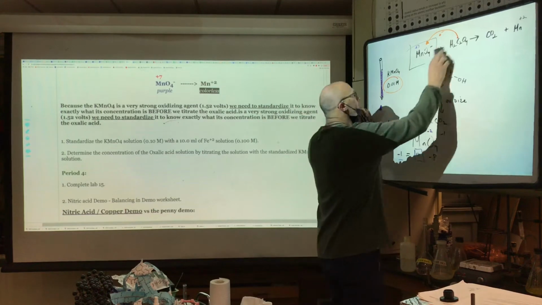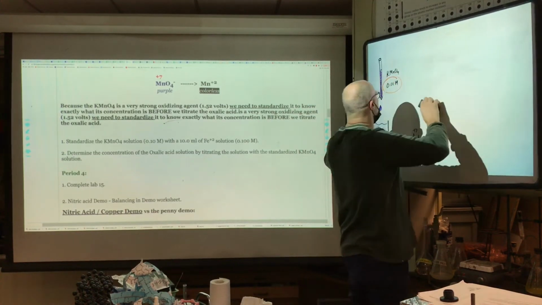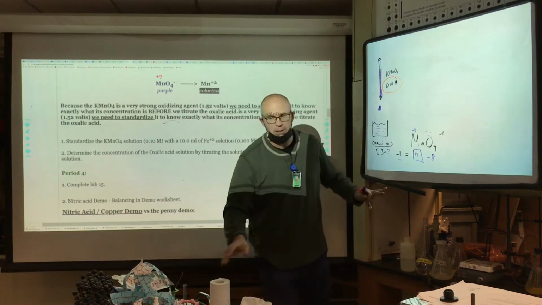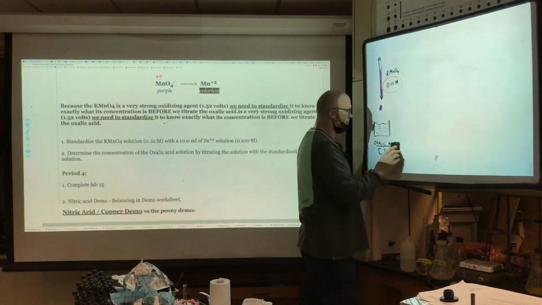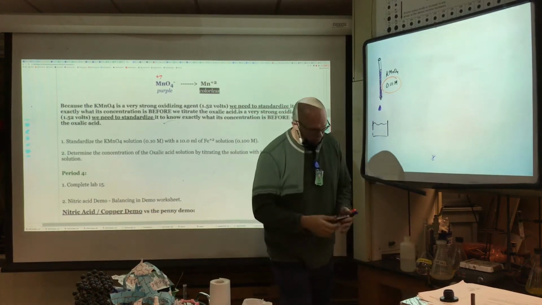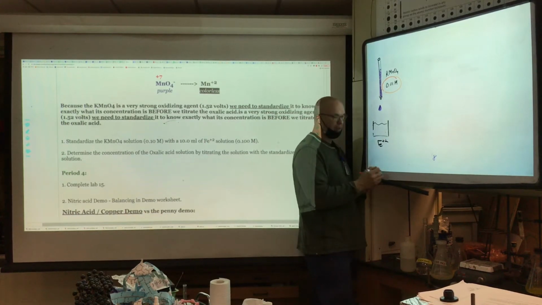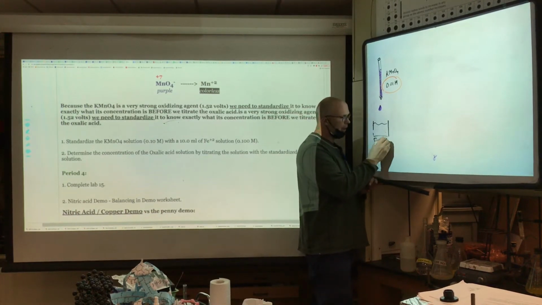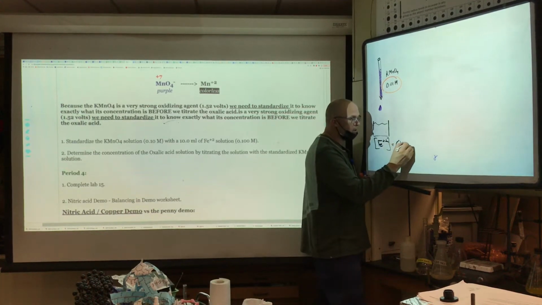All right. So the standardization is to figure out the exact concentration of my permanganate ion before I can do this titration. In the standardization, I'm not going to use oxalic acid. I'm going to use a solution that has iron +2. And that concentration of iron +2 is known to be 0.10 molar.